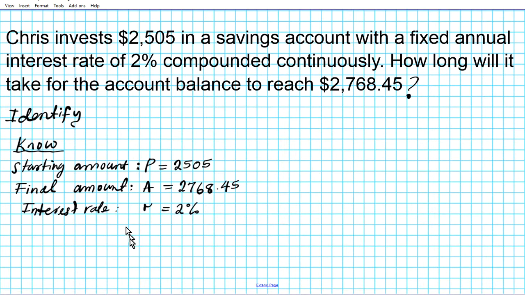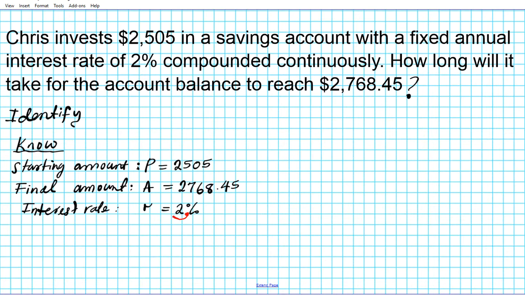Now, this is a part where you want to pay close attention to. Whenever you're computing or carrying out any calculations involving compound interest, the interest rate will be given as a percentage and you have to convert it into decimal form. Now, how do you accomplish that? You accomplish that by simply dividing the percent value by 100, which is equivalent to moving the decimal point 2 places to the left.